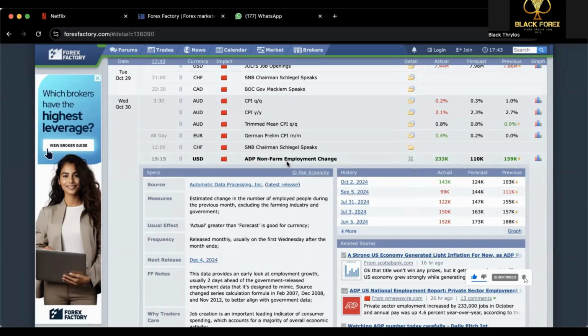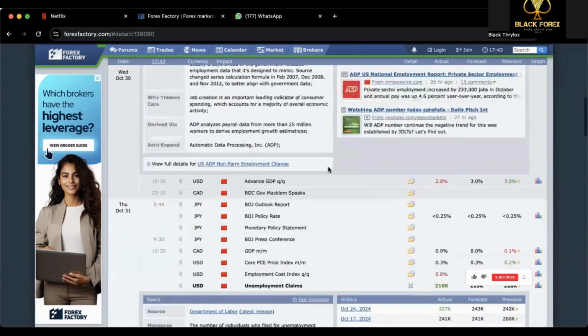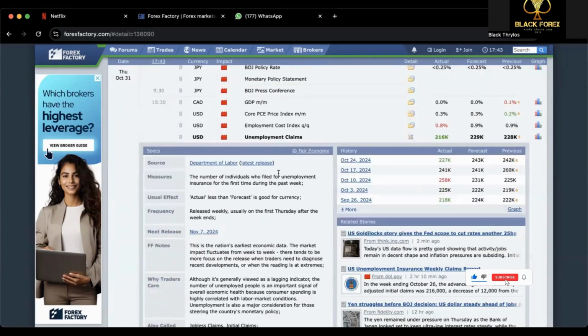Obviously, they're going to be positive because we have more employment and we have less people that filed for unemployment. So that means the dollar has a very high chance of being positive tomorrow during the non-farm payrolls. So that's how you actually read how the non-farm payroll is going to play out.